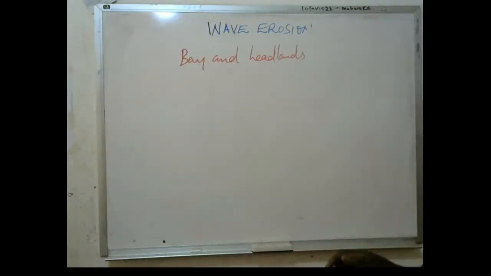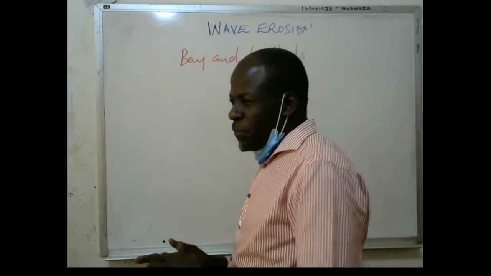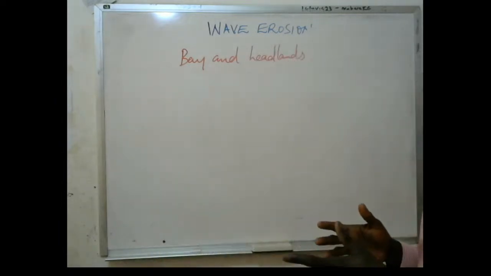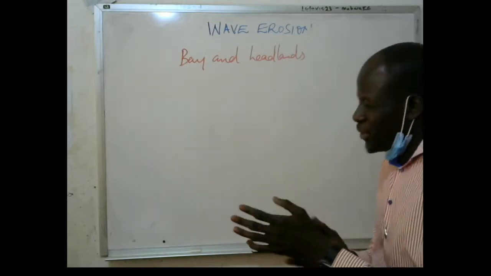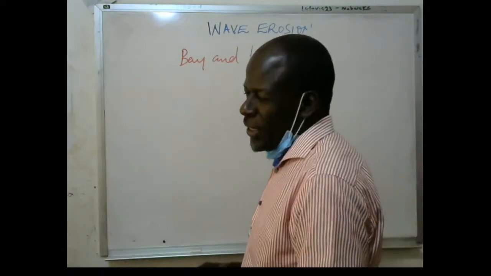Now, the bays and the headlands are common features along the coast because it is not common to find a coast which is straight all through.